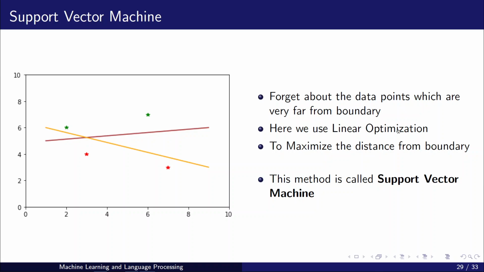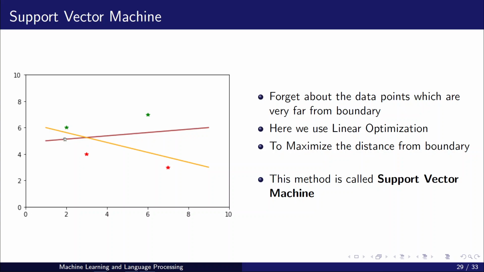Here we would like to maximize the distance from the boundary. This is your boundary. So instead of this, we want a brown line. So we want to maximize the distance from the boundary.